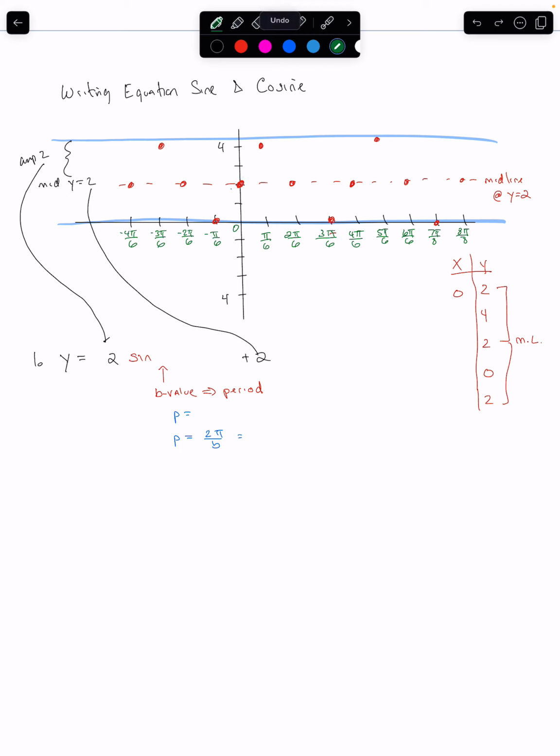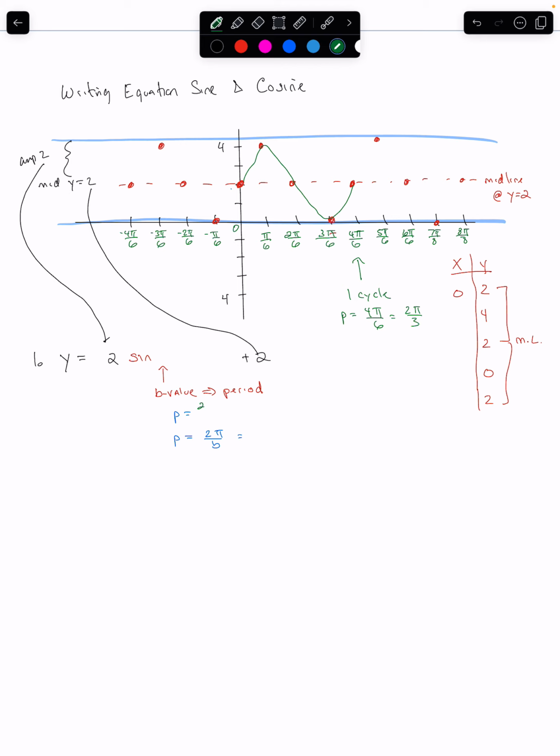This is one cycle, and it completes the cycle in 4 pi over 6, right? By 4 pi over 6, there's one cycle. So my period is equal to 4 pi over 6, or if this is reduced, 2 pi over 3.